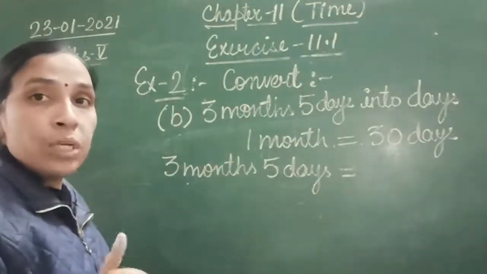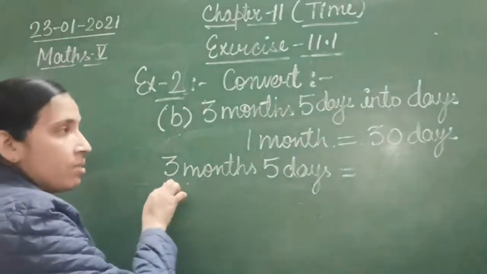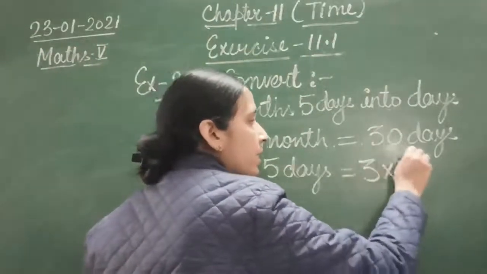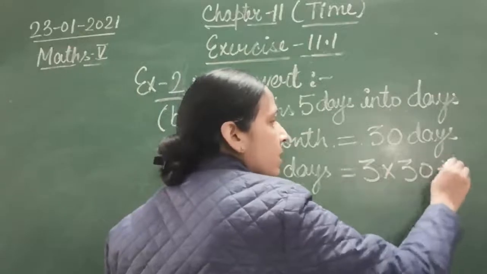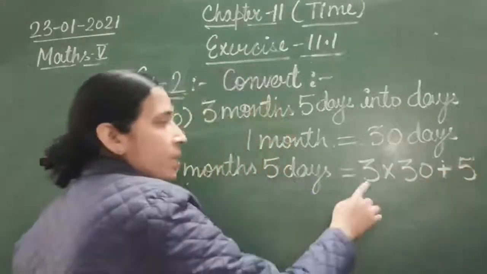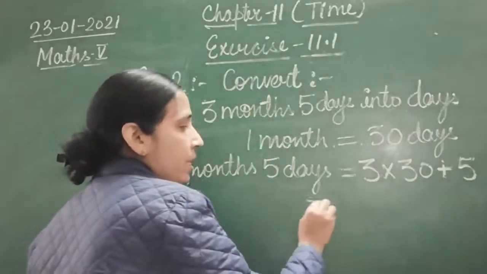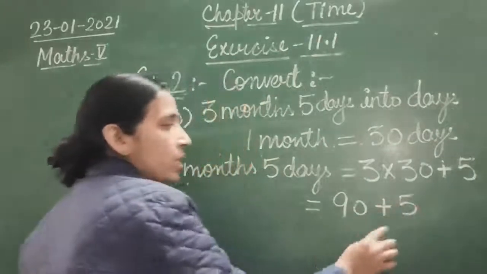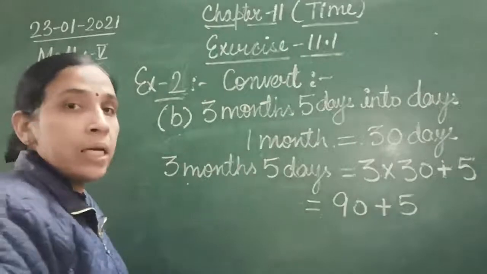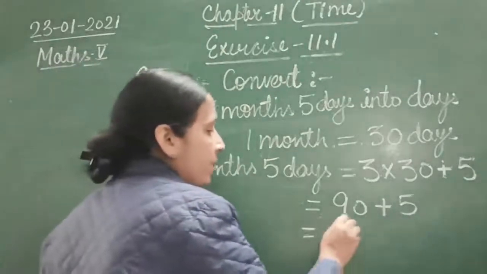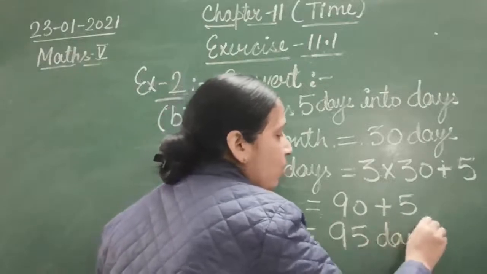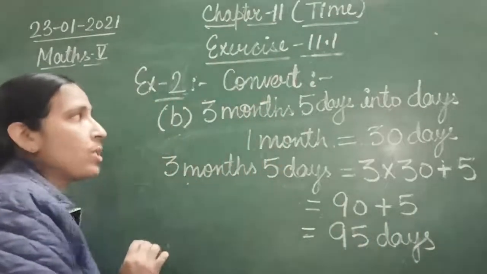You are going to convert only the 3 months. So 3 multiplied by 30 plus 5. 3 threes are 9, 90 plus 5. The sum of these two will be 95 days.